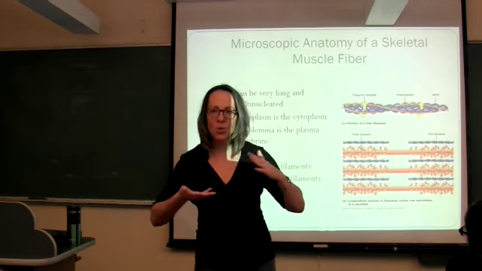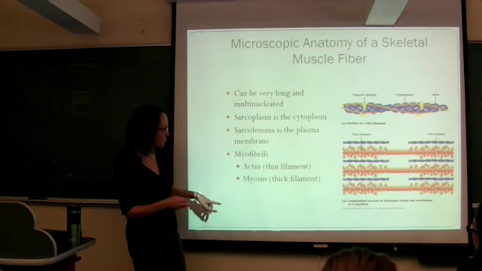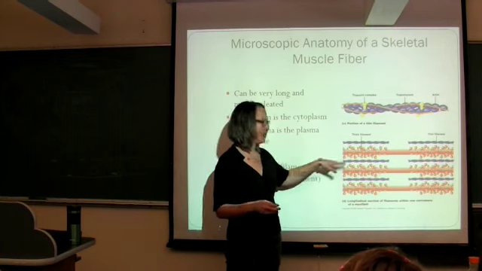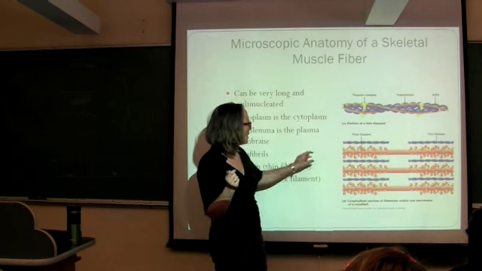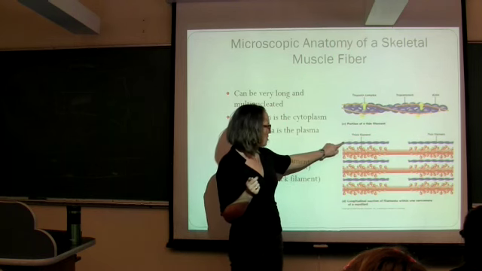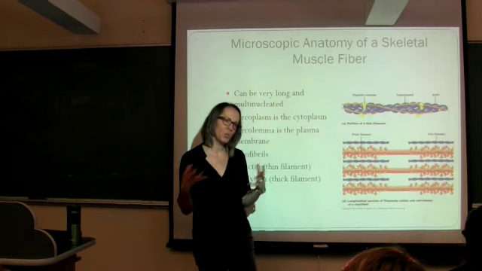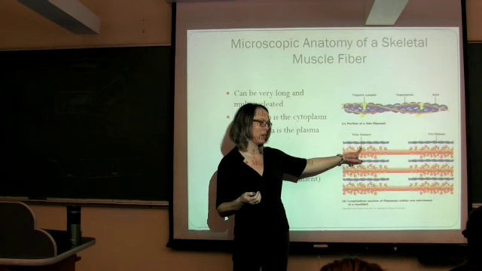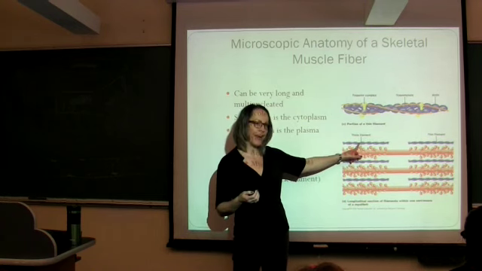And what they do, I like to give you this visual. Actin is the thin, myosin is the thick. So here's our thick filament, here's our thin filament. Basically, what happens when we shorten a muscle is these little head-like structures on the myosin will attach to the actin.